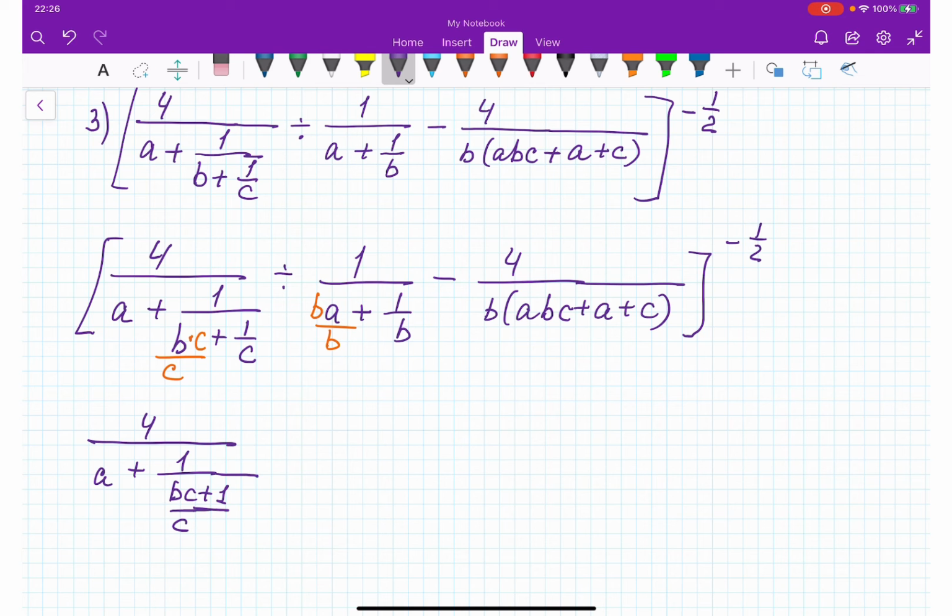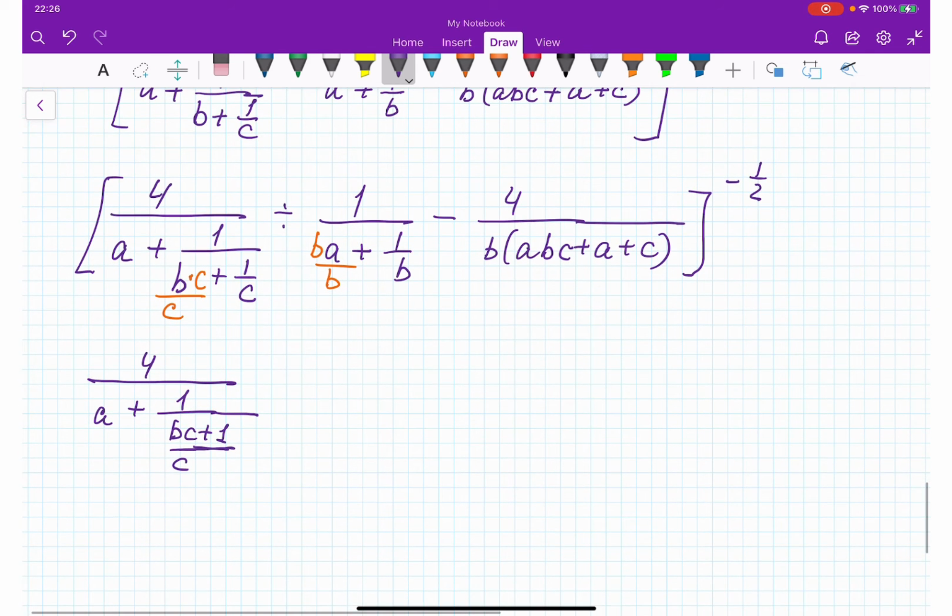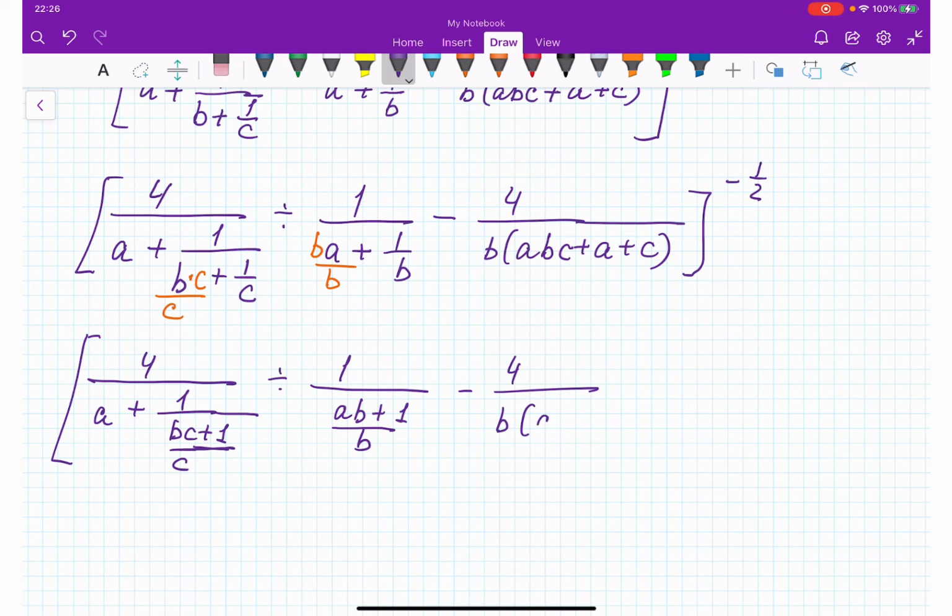Yes? Divided by 1. Here we're going to get b, ab plus 1. And minus 4 over b times abc plus a plus c. All this to power negative 1/2.